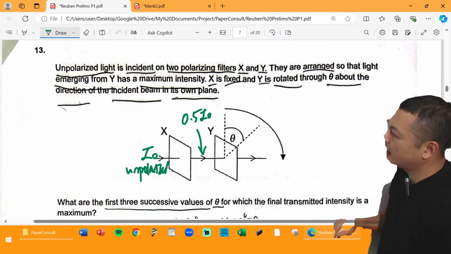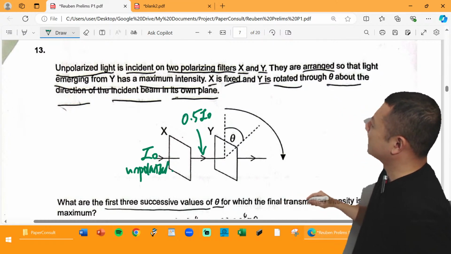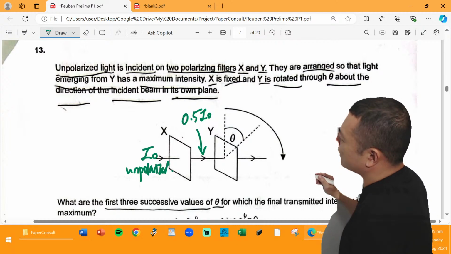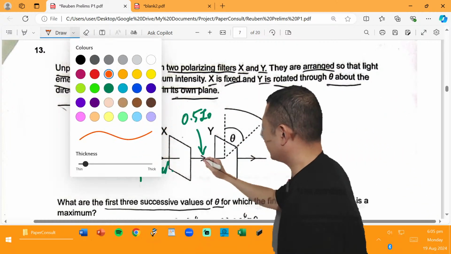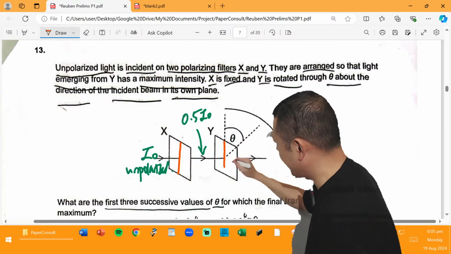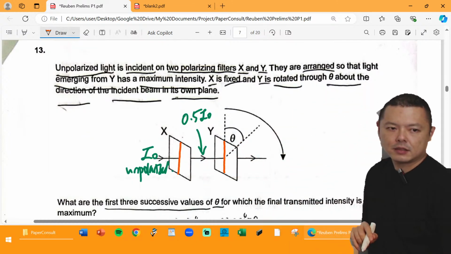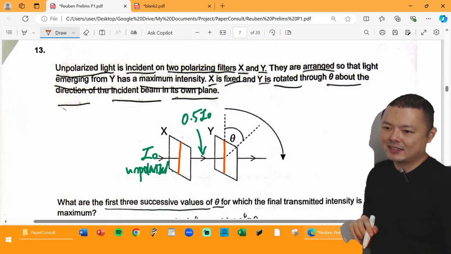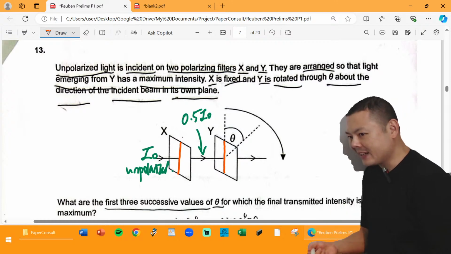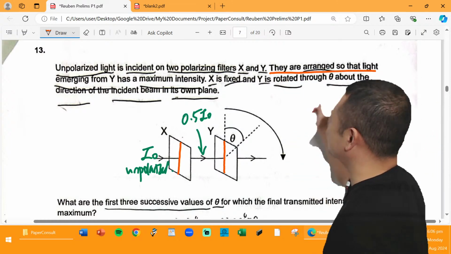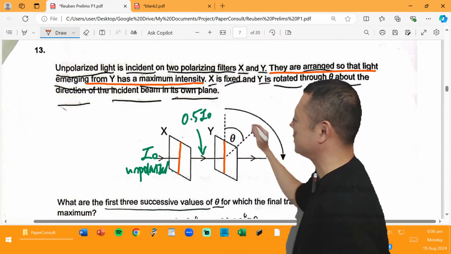Did they say that x and y are parallel at first? Explicitly, they didn't say that. But they did say that they're arranged so that the light emerging from Y has the maximum intensity.